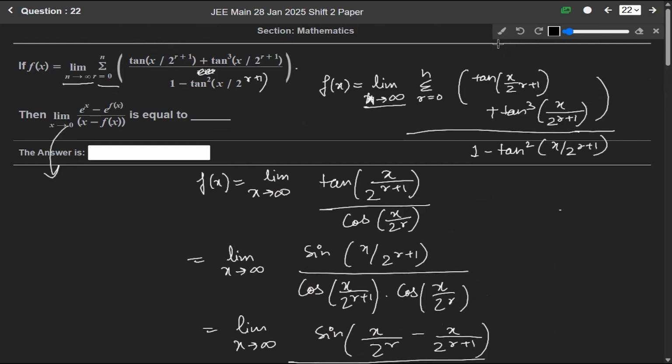Now, limit x tends to 0 of (e^x minus e^f(x)) over (x minus f(x)).